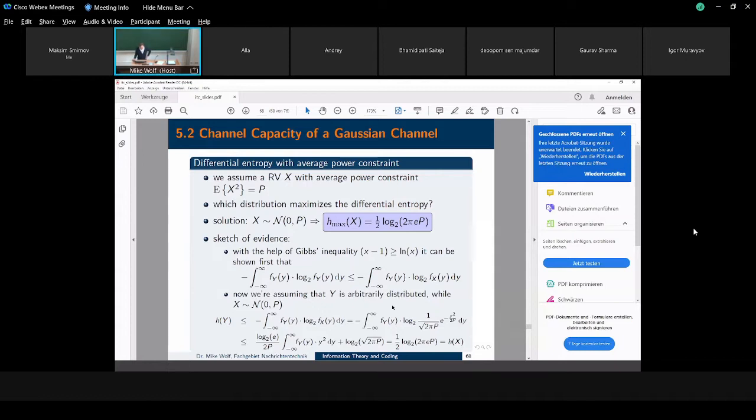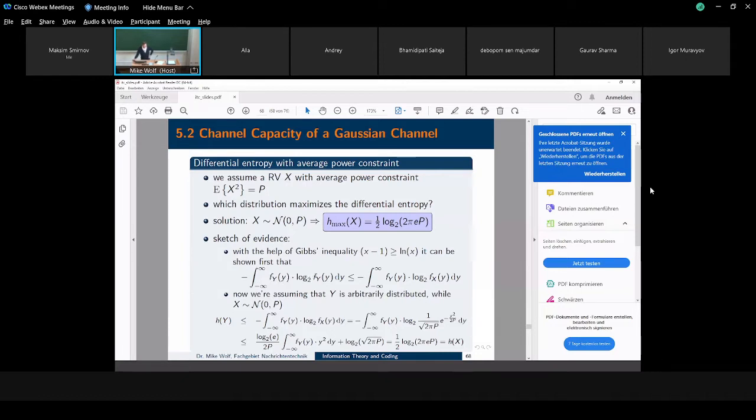And now we say this other random variable is Gaussian distributed. We know for a Gaussian distribution, we calculated the differential entropy in the seminar to be this expression here. So this is valid for x, okay? And we know this is just the differential entropy of y.